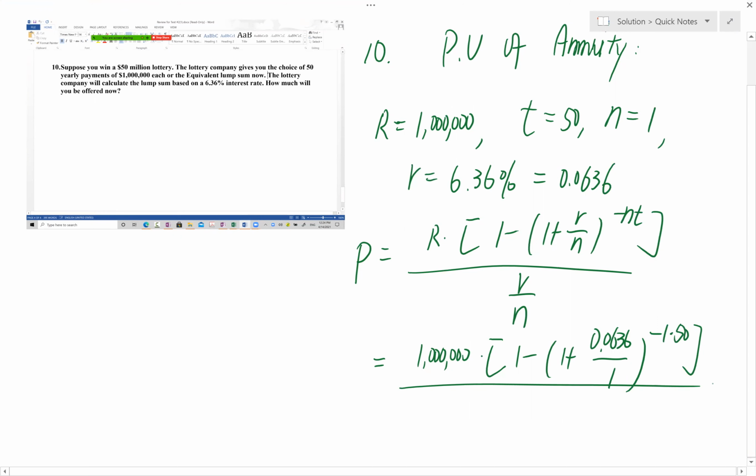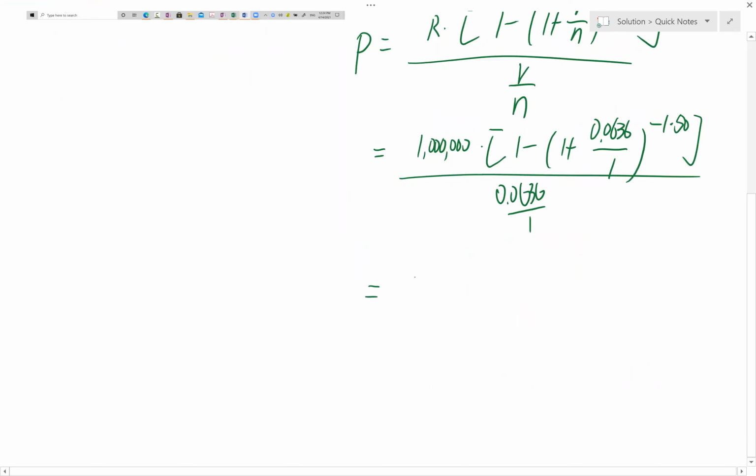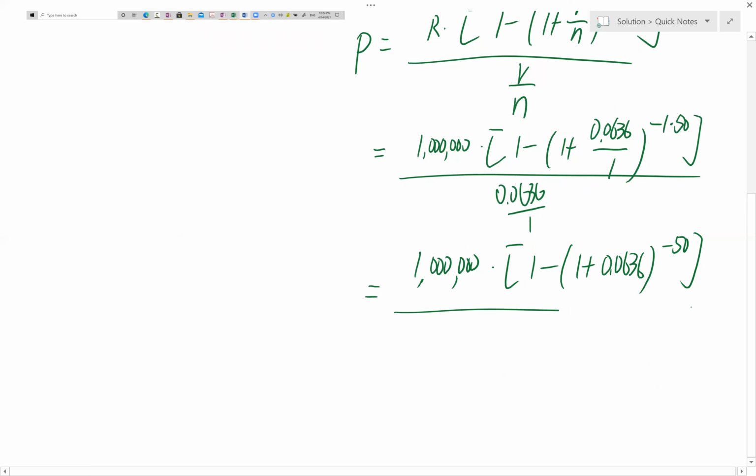Okay. And the denominator is 0.0636. Since I'm dividing by 1, we can omit it, right? So it's not needed. We don't have to even write it. So this basically is 1 million times 1 minus 1 plus 0.0636 raised to the negative 50th power, and dividing by 0.0636.